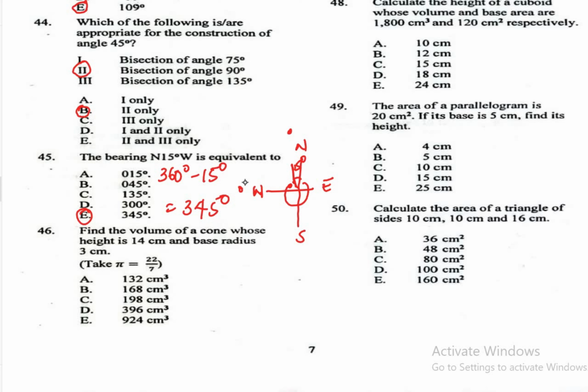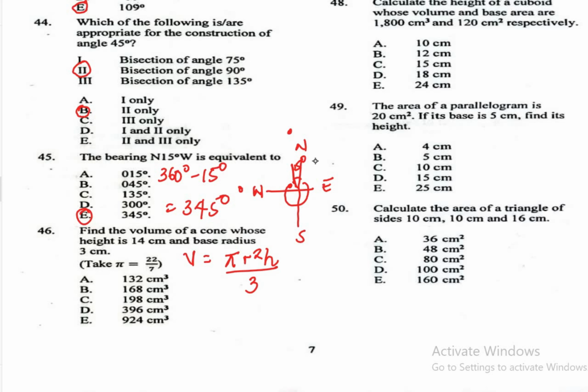Question 46 says, find the volume of a cone whose height is 14 centimeters and base radius is 3 centimeters. Cone is a pyramid. The formula for calculating volume of a cone is pi r square h divided by 3.